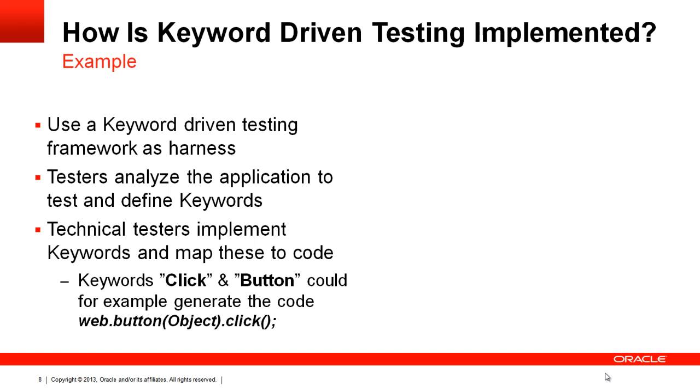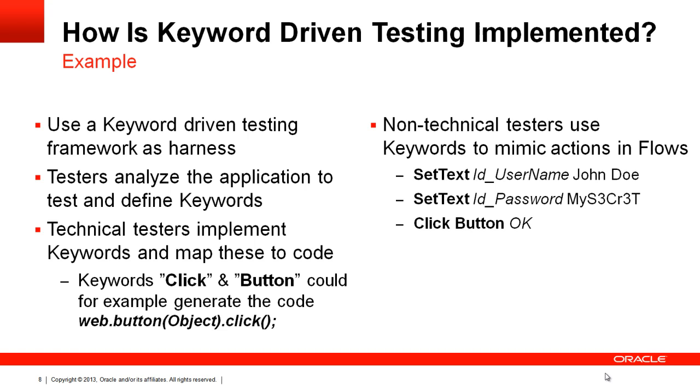Some developers or technical resources implement the keywords and map these to code. Keywords like click and objects like button could then generate code like web.button, then the specific object that you want to interact with, .click for instance. And this would perform a click on a button object.